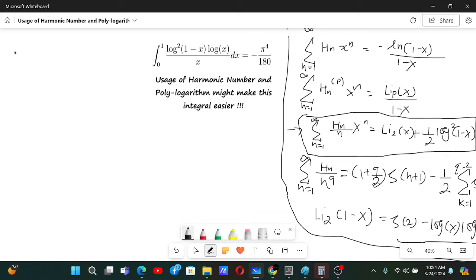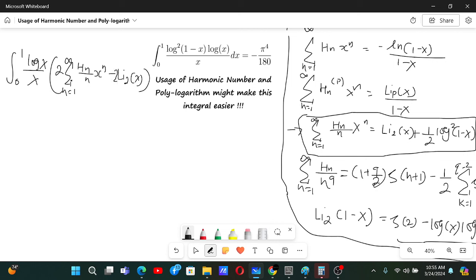So the integral from 0 to 1 of log x by x, and log square (1 minus x) is just 2 times the sum from n equals 1 to infinity of Hn by n x to the power n, minus Li2 of x. Yeah, this is the thing. Okay, here also this should be 2. Okay, now that's the thing.